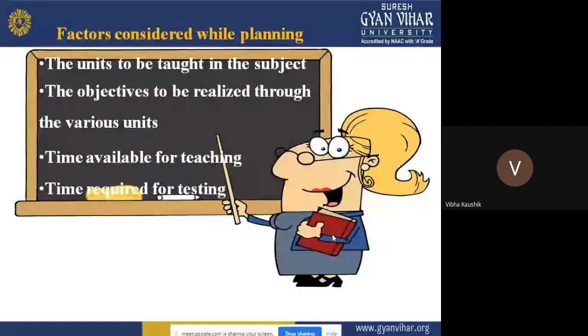In that, you have to keep in mind the working days first. Second, you have to check how many popular activities have to be organized in that academic year. You have to exclude those days also. So, after that, the days which are left will be used for teaching.